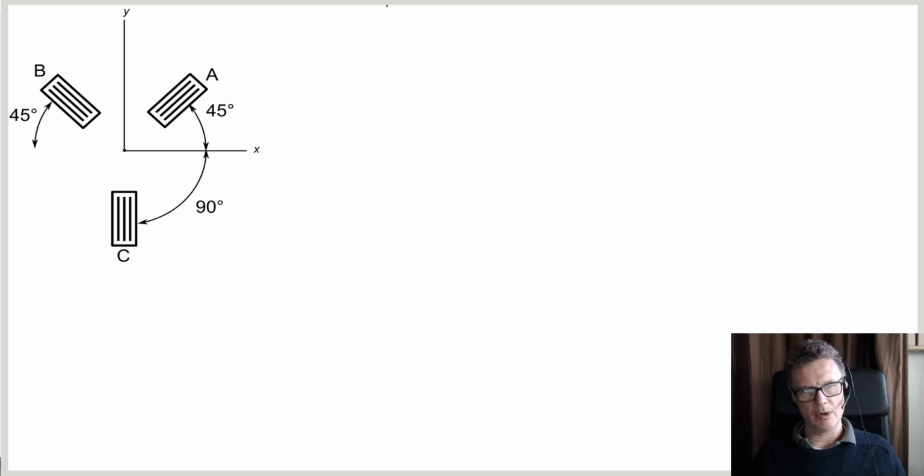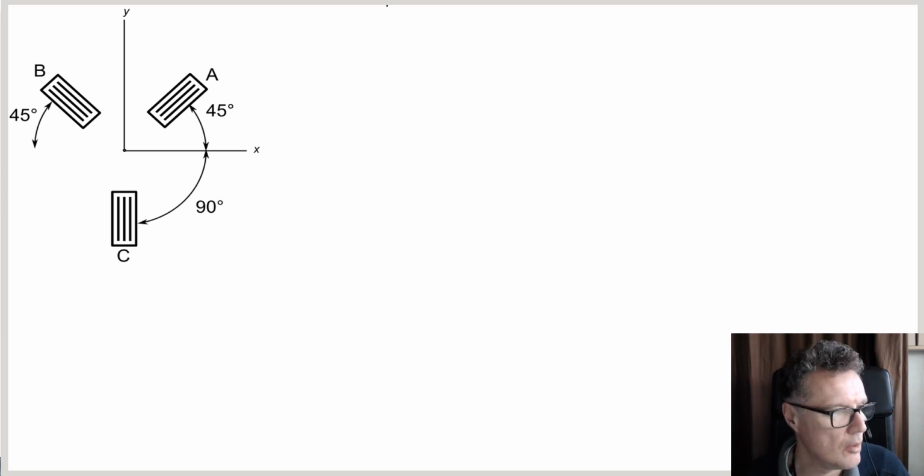But the reason why we choose the 45 degrees: Rosetta gauges are normally arranged such that they're at 45 degrees, or 60, or 30-degree angles from, let's say, the X coordinate direction.